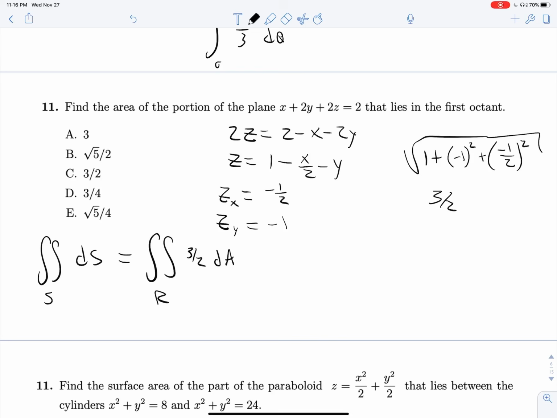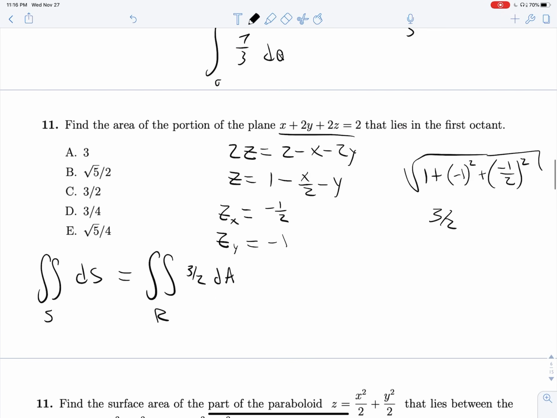We want the xy projection of this thing, so we're just going to set z equal to 0, and we will see that x plus 2y is equal to 2, which is nice because we can express this in terms of either x or y, but let's do it in terms of x for now.